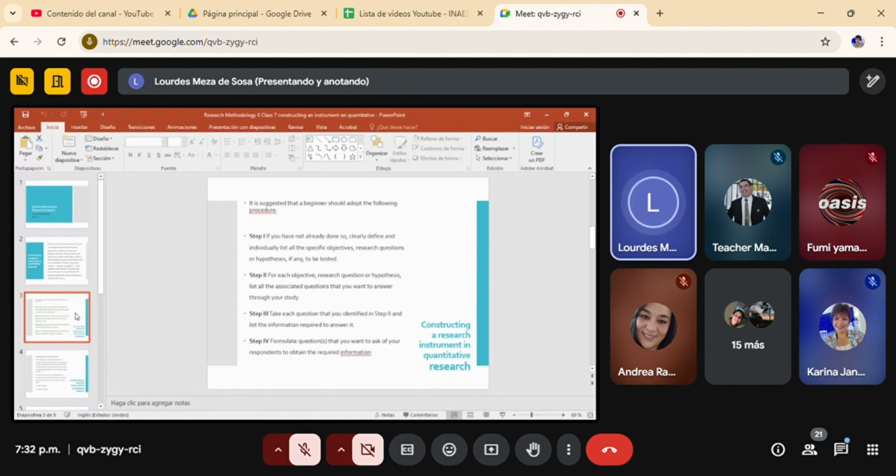So that's going to answer your first question. What category of words do you use in Anglicism, right? And in step 3, take each question that you identify and list the information required to answer it, which is what I did, right? I took the information. If I want to know which categories, I have to list that information. See, technological, social media, I don't know, makeup, computer, nails.